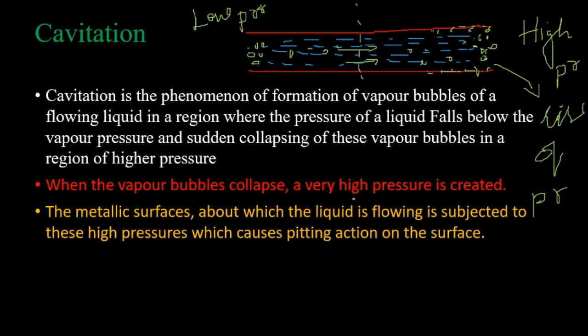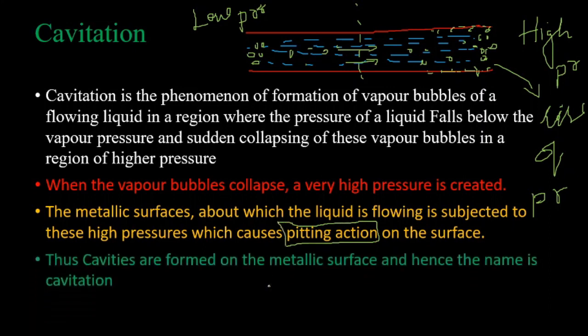So the metallic surface over which the liquid is flowing is subjected to this high pressure, which causes what? Heating action on the surfaces. Okay. So this heating action is converted to cavities. Thus cavities are formed on the metallic surface, and hence the name cavitation. So this whole process is called cavitation.